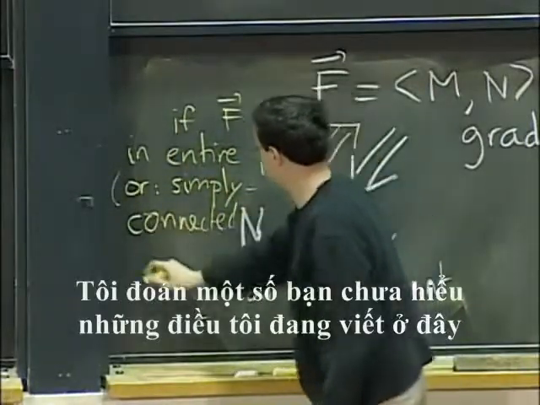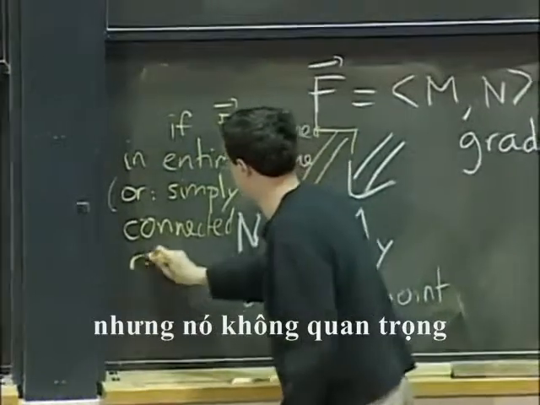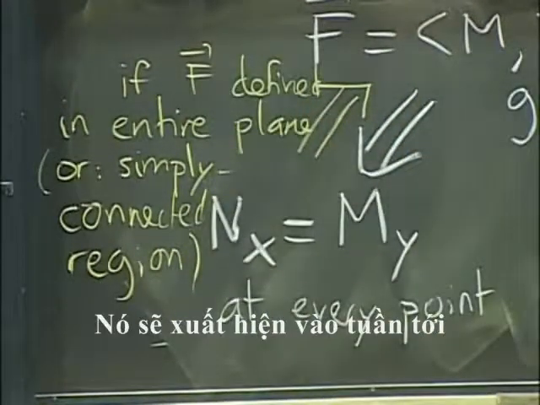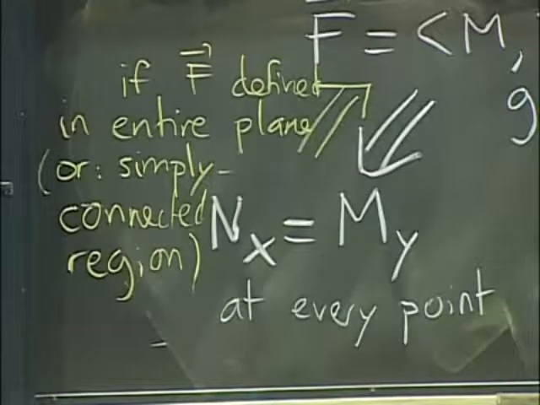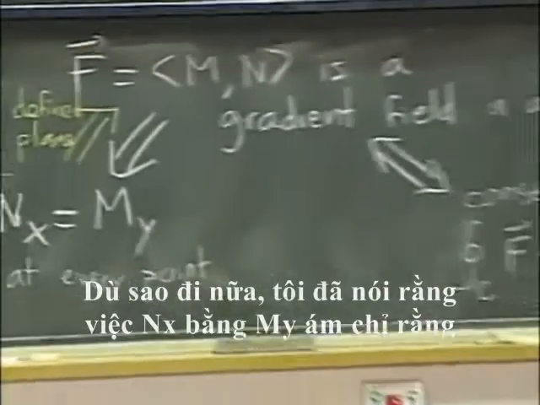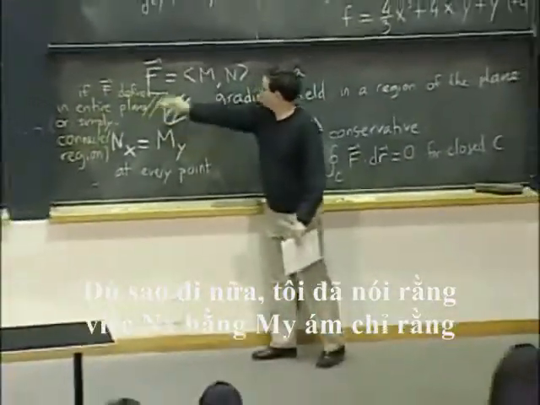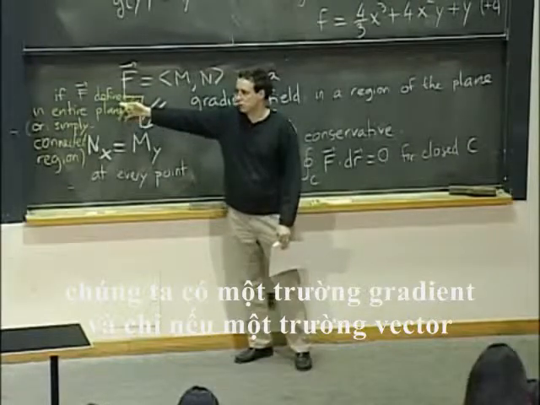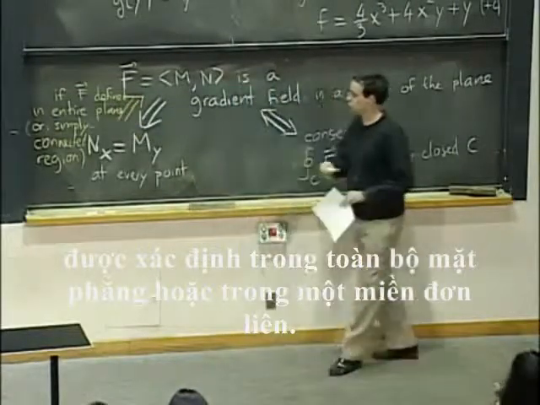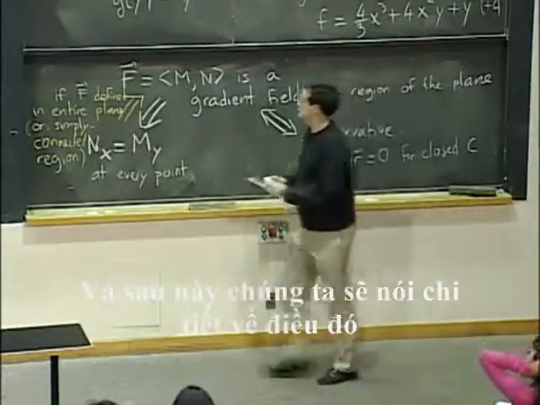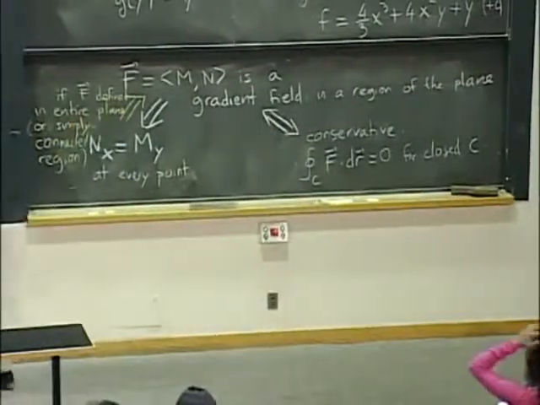Some of you can't see what I'm writing here, but it doesn't matter because you're not officially supposed to know it yet. That will be next week. The fact that n sub x equals m sub y implies we have a gradient field holds only if the vector field is defined in the entire plane or in a region that's called simply connected. More about that later.